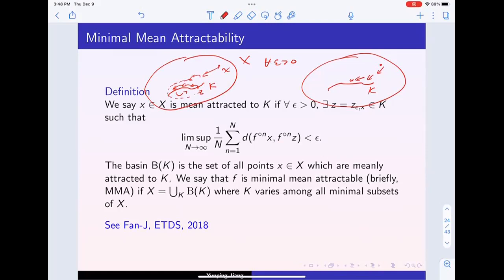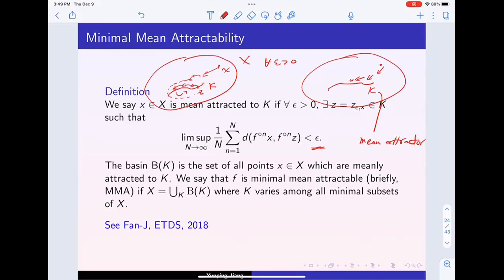Some points could be very far, some very close, but if you average, it's still close. This we call mean attractability. K is called a mean attractor, which is different from the so-called attractor in dynamic systems.